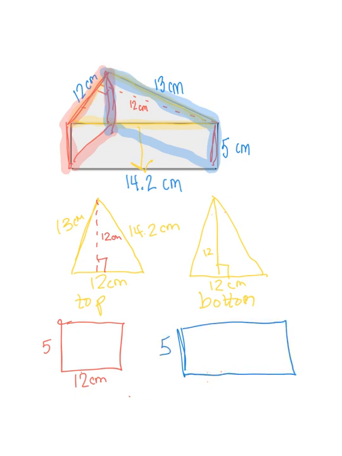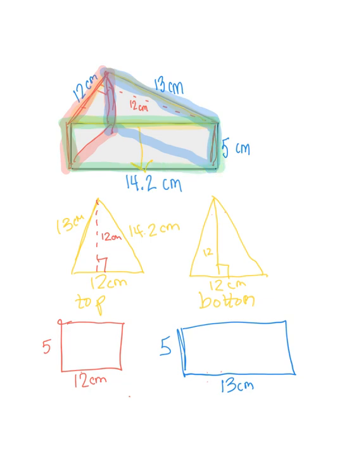So 5 by 13, and these are all centimeters. And then finally I have the face in the front that's facing me, the easy one, right? It goes across this 14.2, down 5, over 14.2, and up 5.